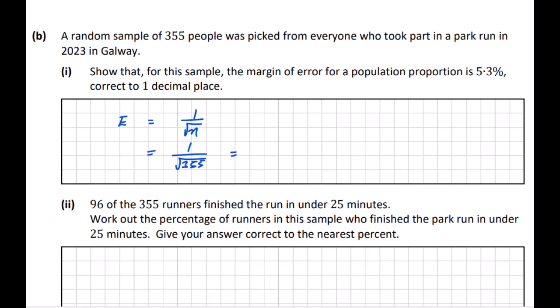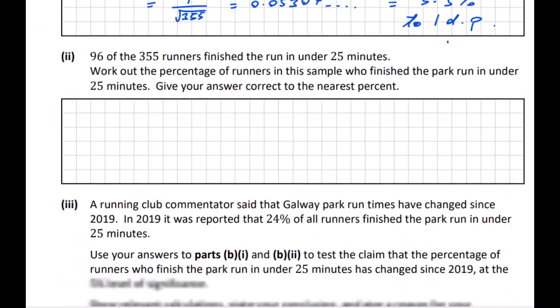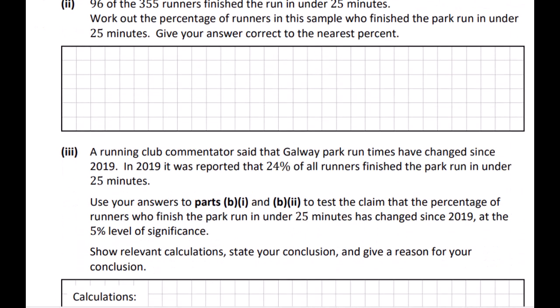So when you do that you'll get 0.05307 and so on. So as a percentage correct to one decimal place, this is equal to 5.3% to one decimal place. And that's it really. Okay, let's try the next one.